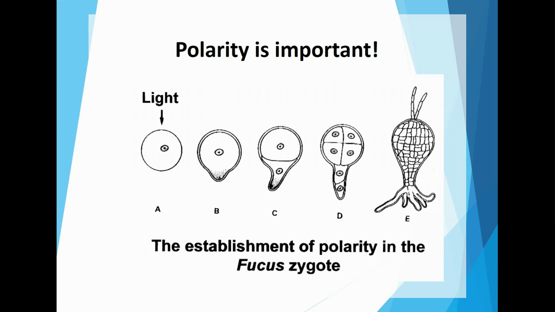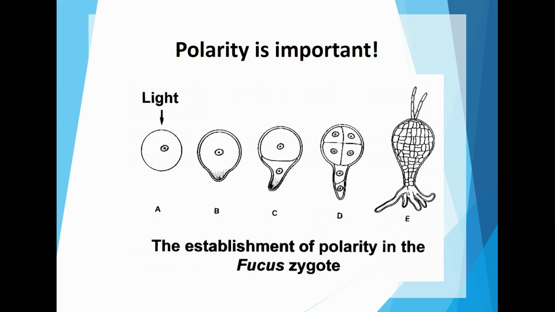So, we get this idea of polarity. Now, remember, when you grow a seed, it's almost as if the seed can tell which side's the light, which side's the gravity, etc. And polarity is important.